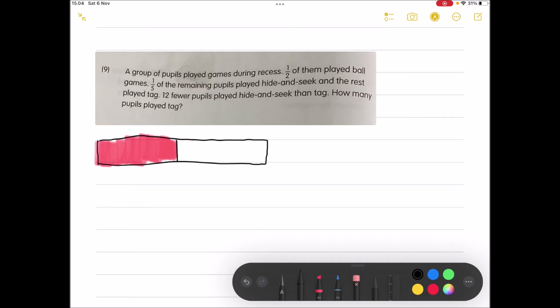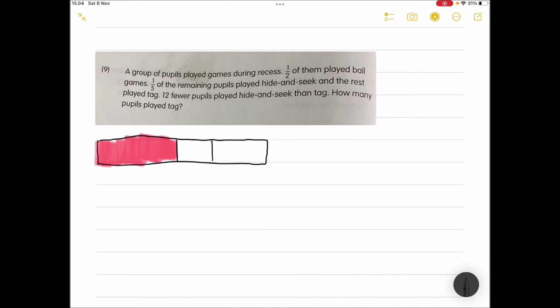So the remaining, which is the white color, I have to show 1/5, meaning I have to cut them into 5 boxes, and remember, this is half of all students, right?